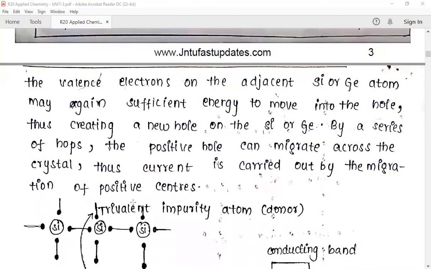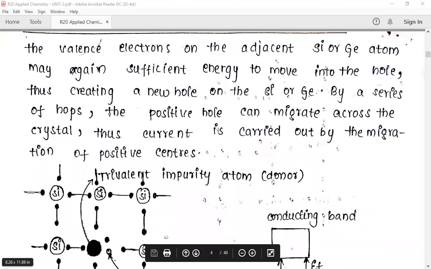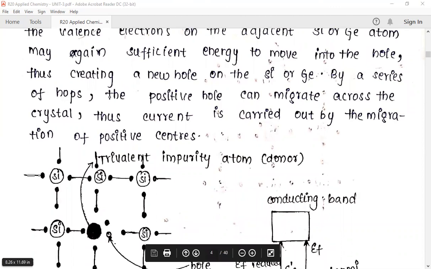At normal temperature, a valence electron on the adjacent silicon or germanium atom may gain sufficient energy to move into the hole, thus creating a new hole on the silicon or germanium.